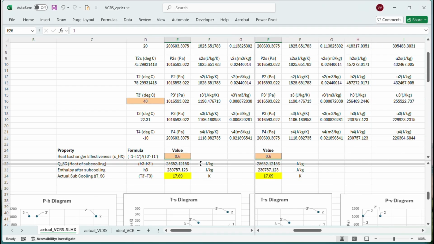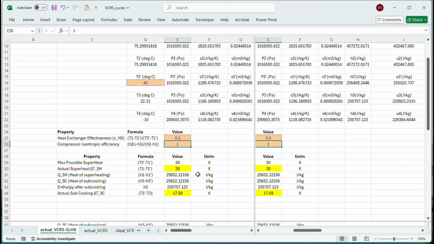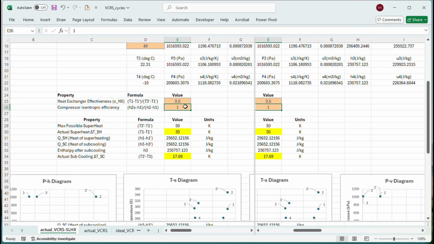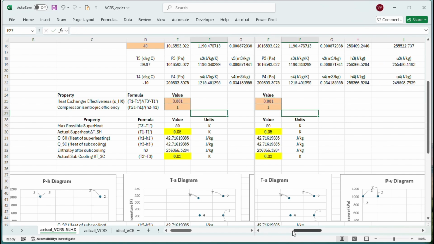Okay, so here you have the heat exchanger efficiency, effectiveness. If you have almost zero effectiveness, 0.001, that means there is no subcooling and superheating.